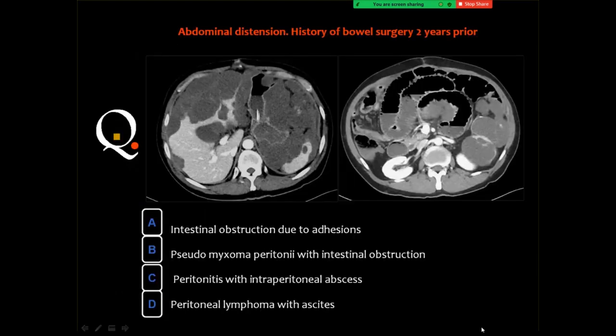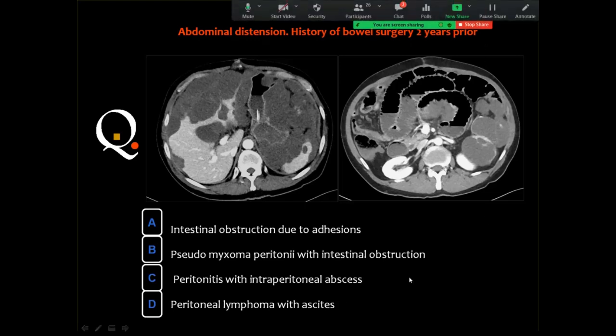Then this patient with masses in the upper abdomen and evidence, of course, of intestinal obstruction, multiple air fluid levels. The patient had abdominal distension with history of bowel surgery 2 years ago.